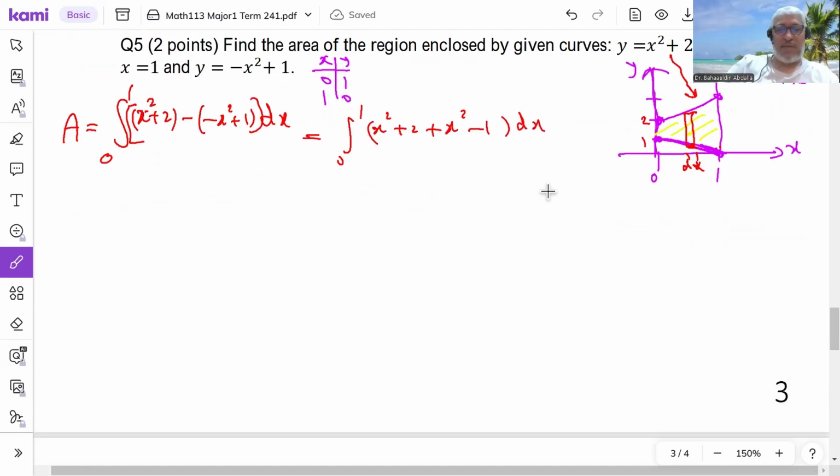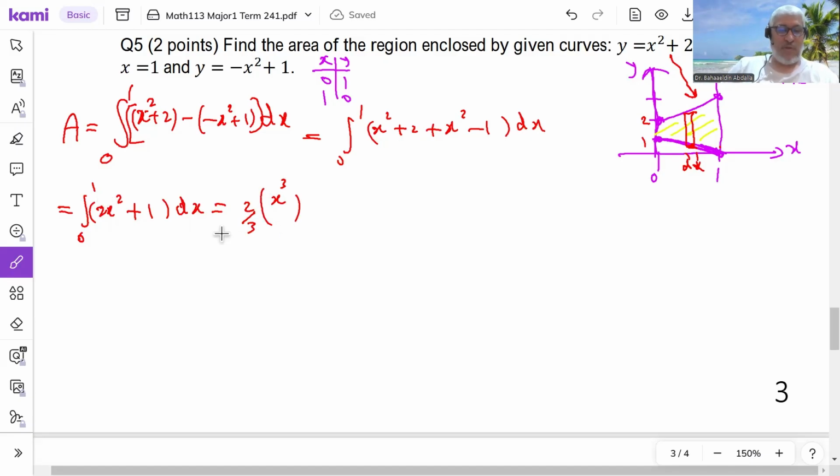Now I can add x squared with x squared. So I'll have 2x squared and plus 2 minus 1. This is plus 1 dx. And now 2 is a constant, and the integral of x squared is x cubed over 3.